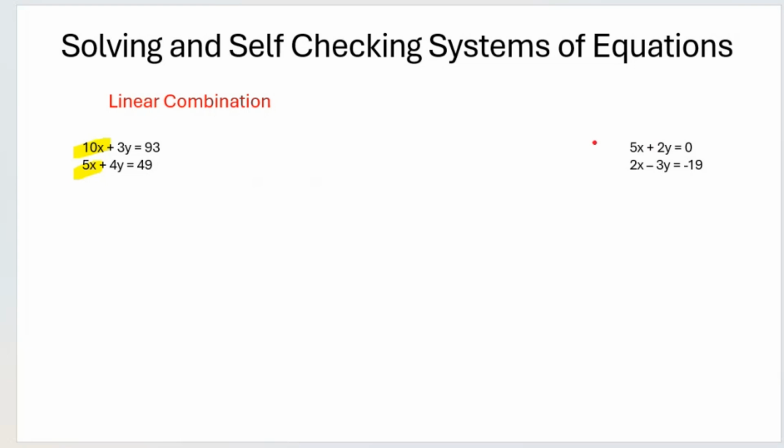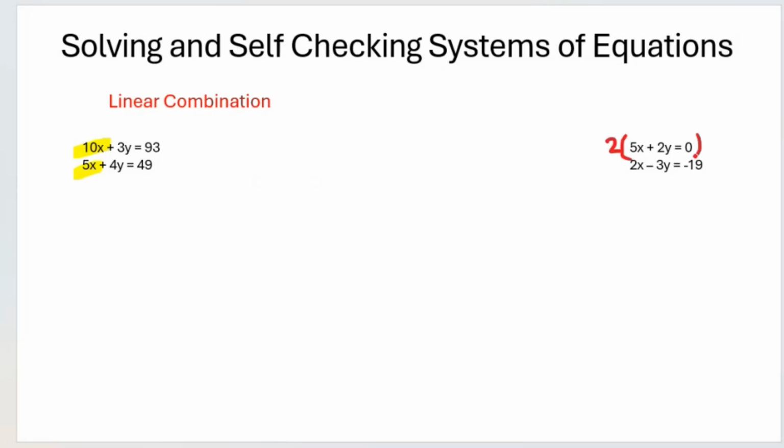I try to eliminate the first one just for my own personal preference, but you could eliminate the y's if you'd like. So I'm going to eliminate the x's again. 5 and 2, what is a common multiple of 5 and 2? Well, that's 10. So I'm going to multiply the top by 2.